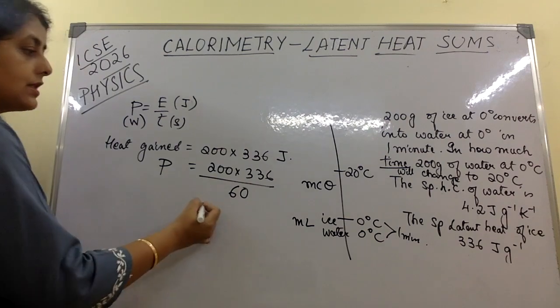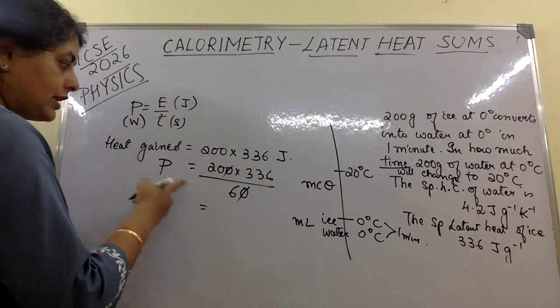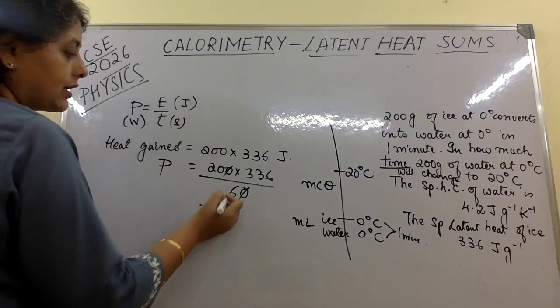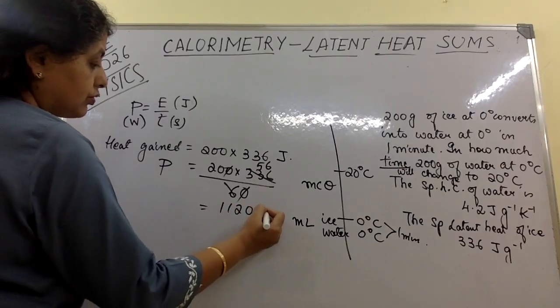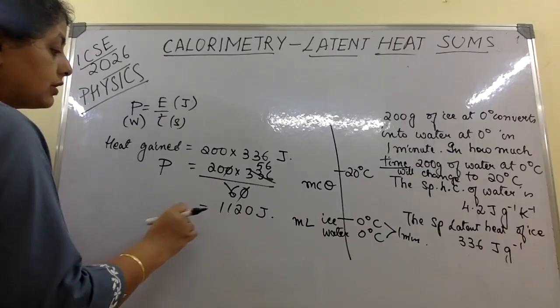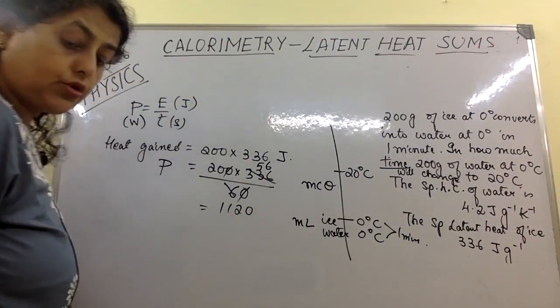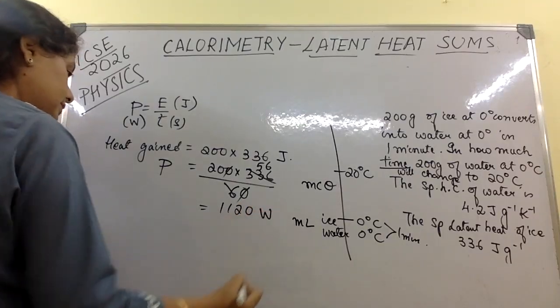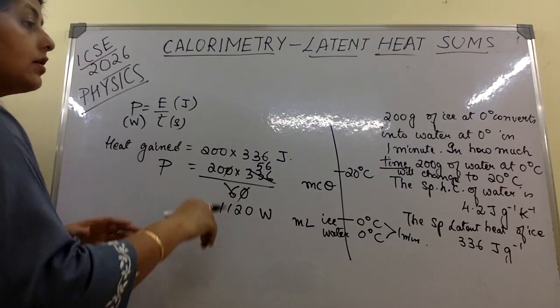Why 60? Because we are trying to find the power in watts. So 1120 joules is gained per minute. This is not joules anymore, this is now watts, because I am finding power. Now I know this is the rate of heating.